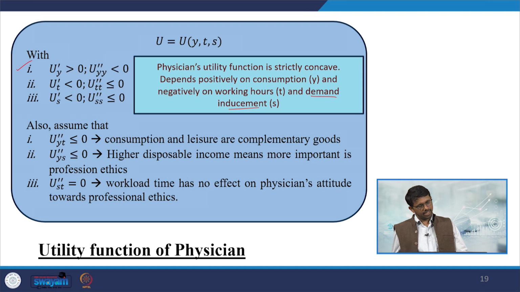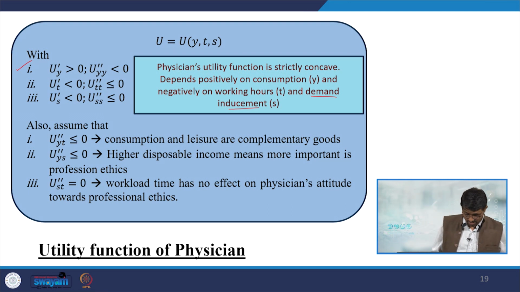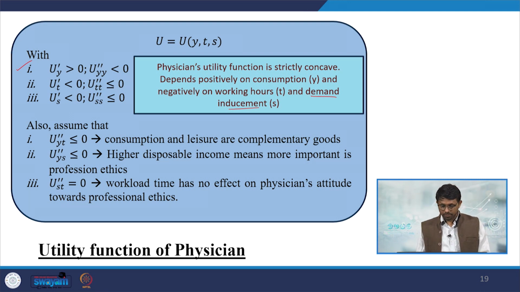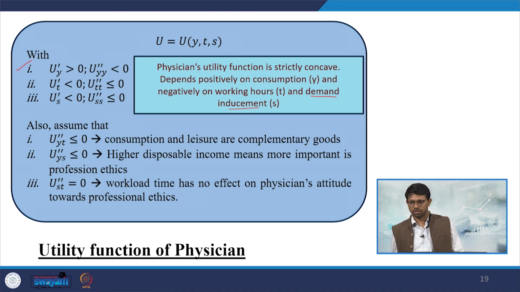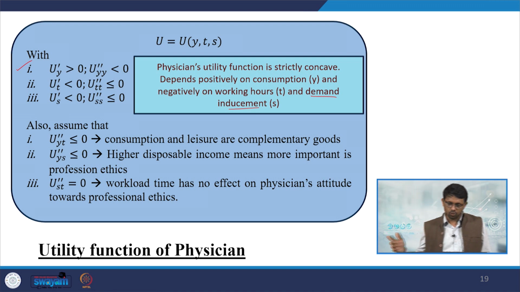And again, the relationship between y and s, that is disposable income. Higher disposable income means professional ethics is more important. So, if doctors are receiving comparatively higher income, their professional ethics is considered to be better, hence demand inducement is considered to be lesser.